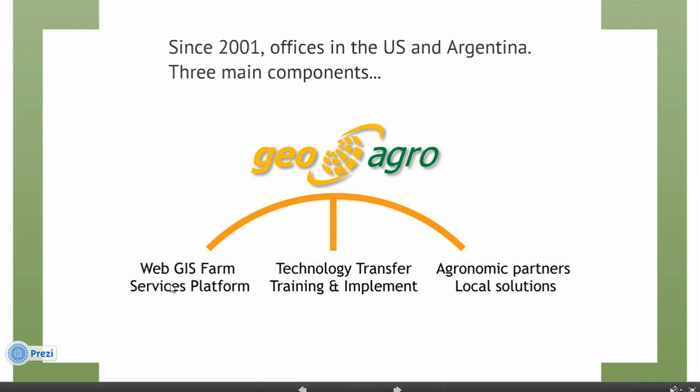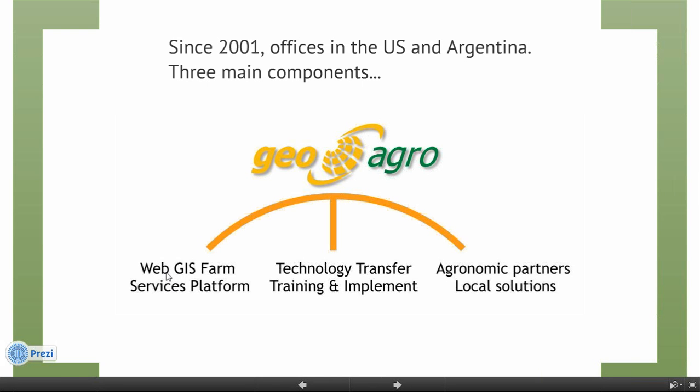And hopefully in this course we'll see how we give the initial steps to assist you in starting to manage the information in your farm. Second aspect is technology transfer. So we do a lot of training and implementation, and we don't want to bore you with our services today.